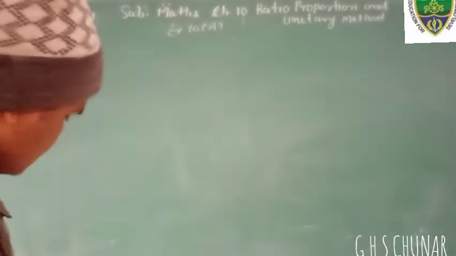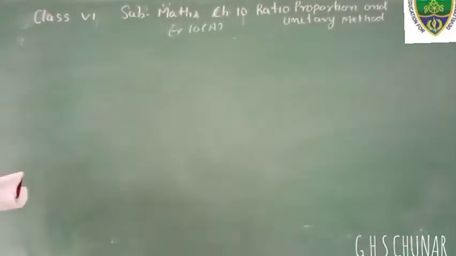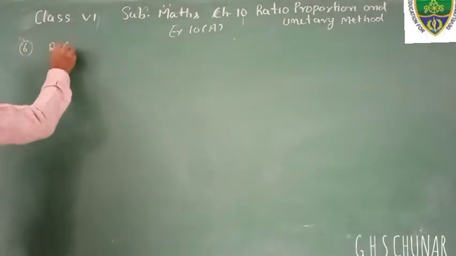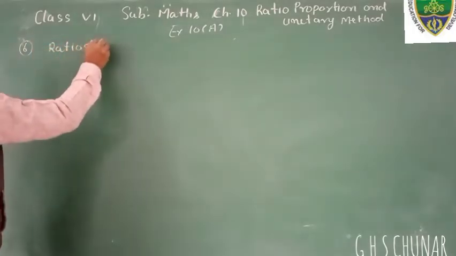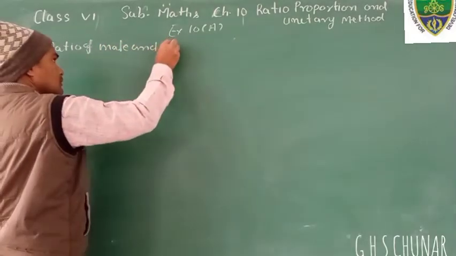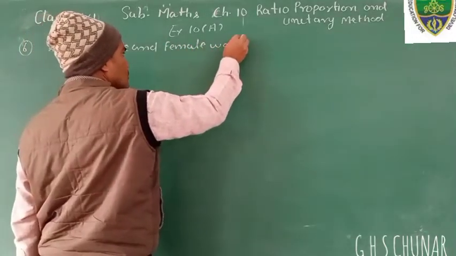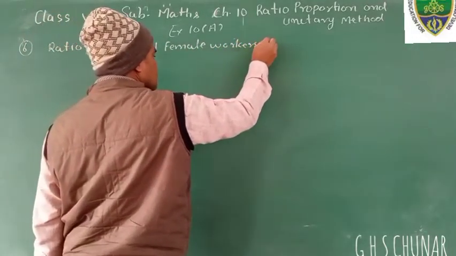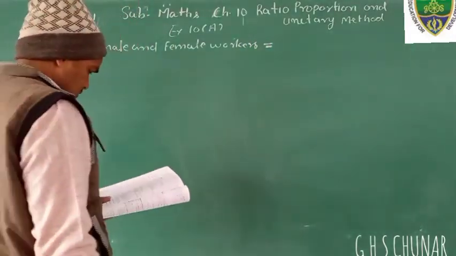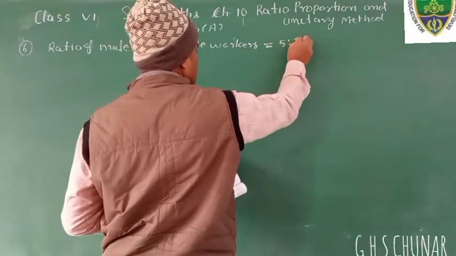In question number 6, it is given that the ratio of the number of male and female workers in the space is 5:3.